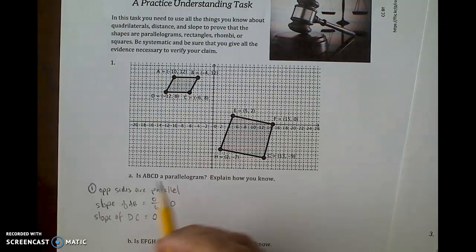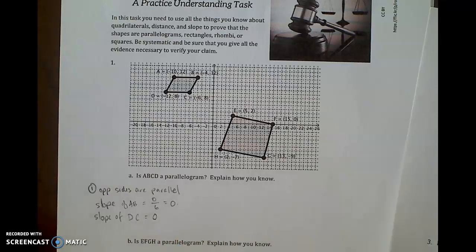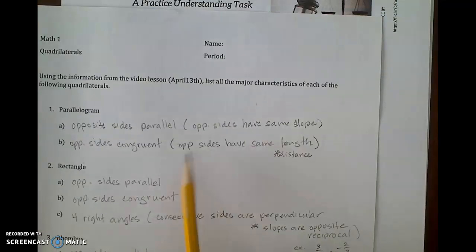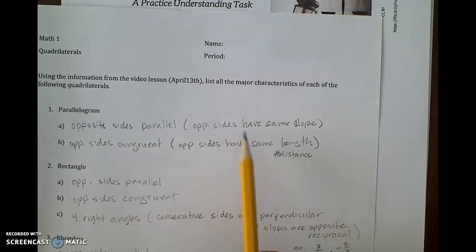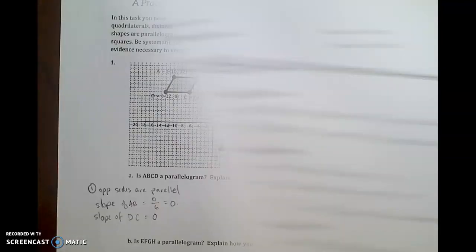So are AB and DC parallel? Well, since both of them have the same slope, then they are parallel. Again, going back to the notes, we're going to keep going back and forth to these notes. If the opposite sides are parallel, that means the opposite sides have the same slope.